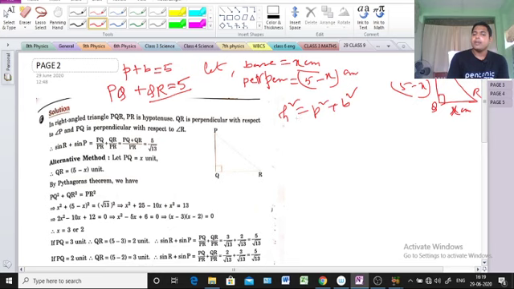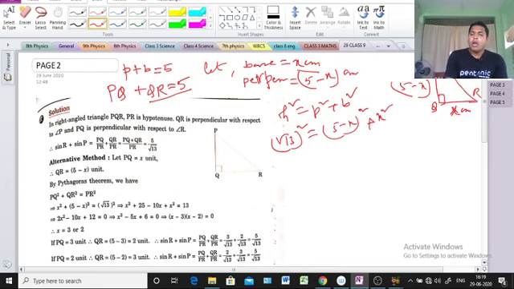Now hypotenuse is root 13, given. So root 13 whole square equals perpendicular, 5 minus x whole square, plus base x square. Clear or not?